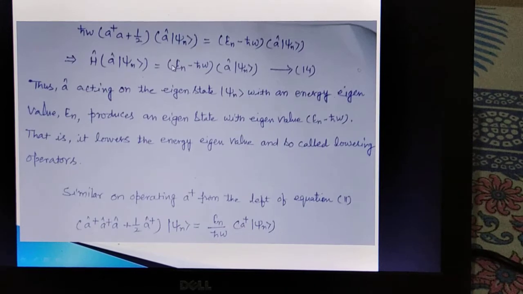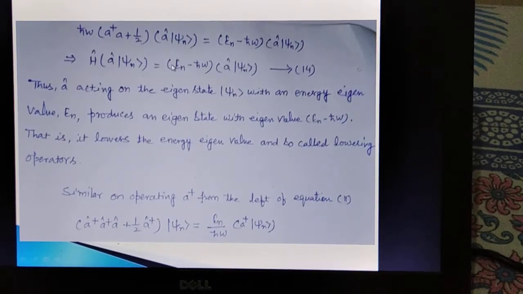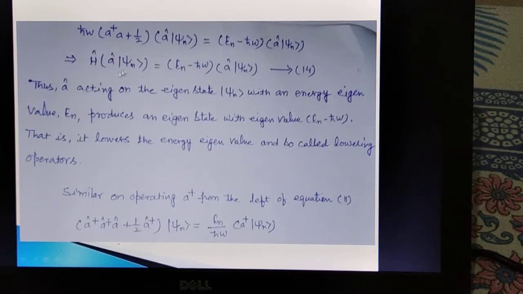So here we are seeing that due to the action of A on psi n, the eigenvalue of Hamiltonian H has been reduced by an amount of h cross omega.